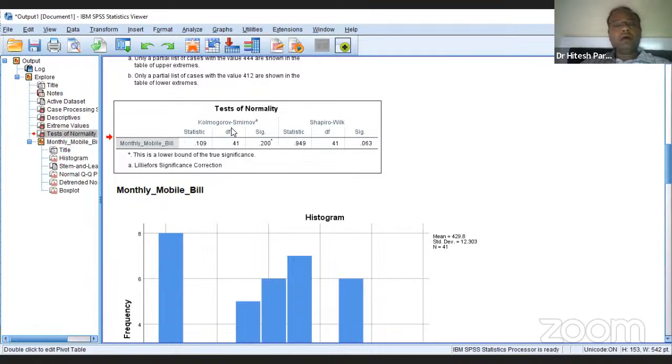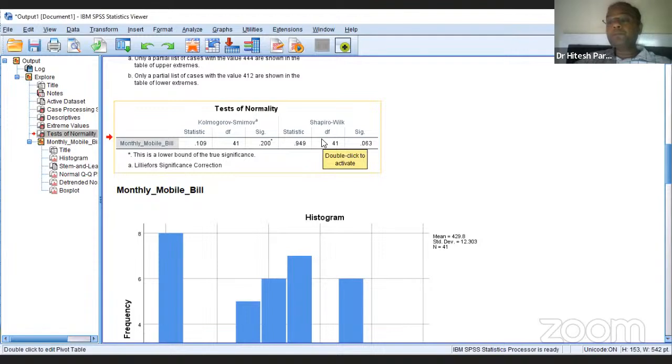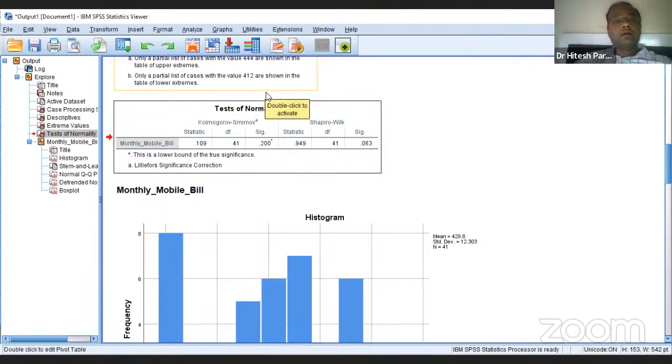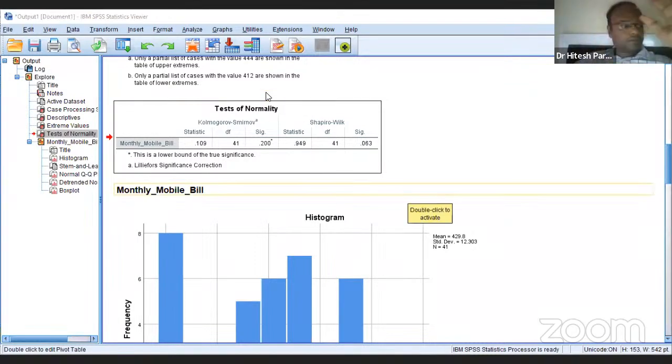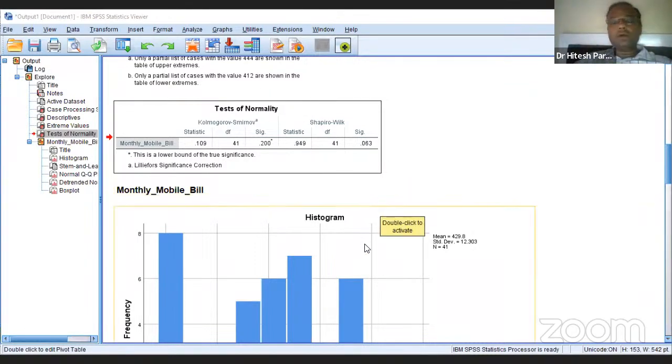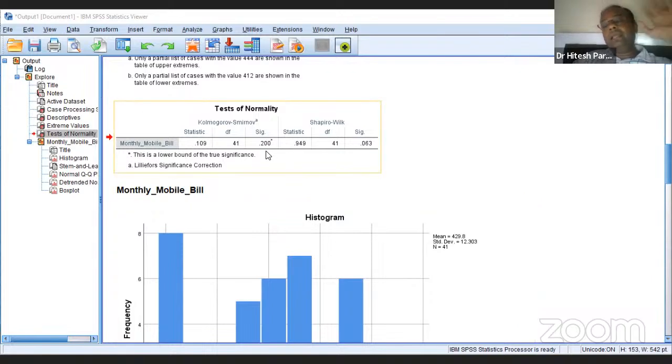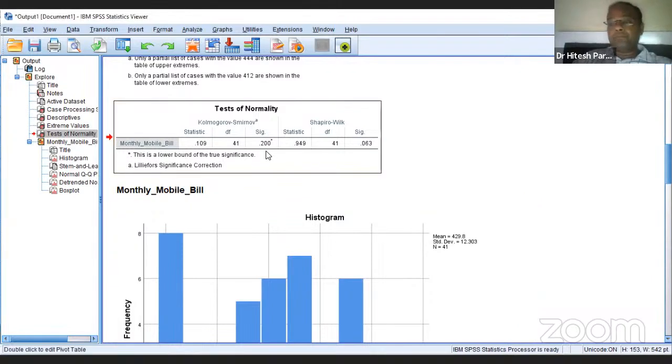Okay. Now, based on this table only, you will take your decision. There are multiple graphs and multiple tables available. These tables are the descriptive statistics, and this one is the hypothesis testing, so this one is more reliable.